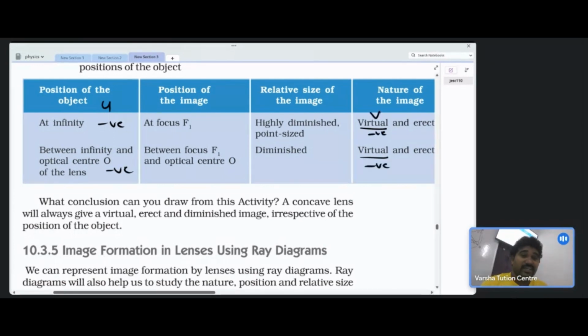When V is negative, M is automatically positive. See, now you can easily remember the things. And diminished means less than 1. Clear now? Any confusion? No, sir. Now you are clear with M positive and M negative.